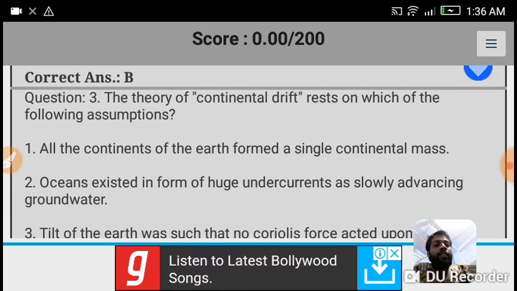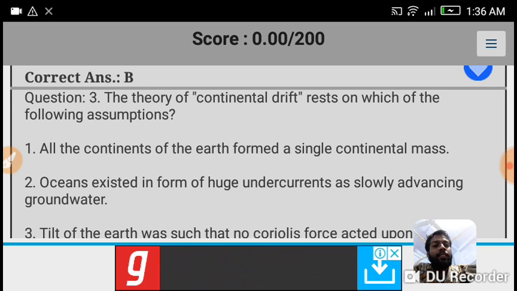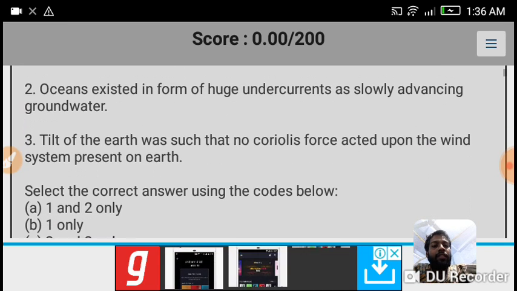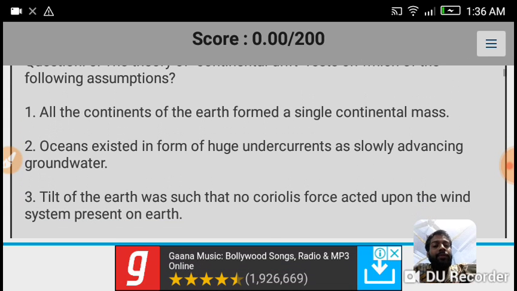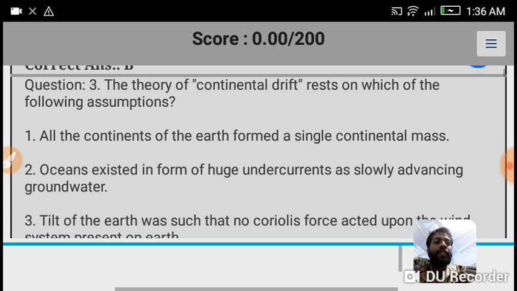The theory of continental drift rests on which of the following assumptions? All the continents of the earth formed a single continent mass.